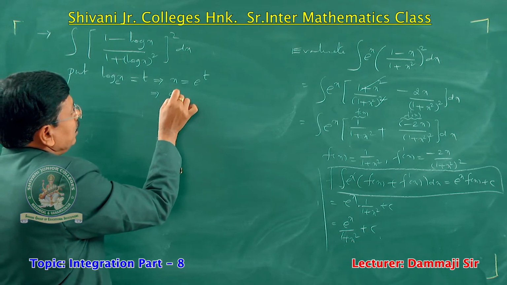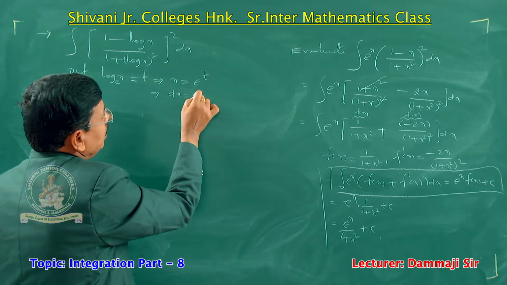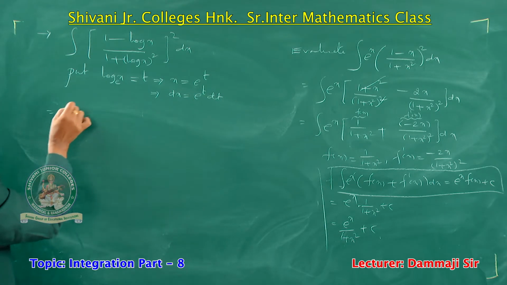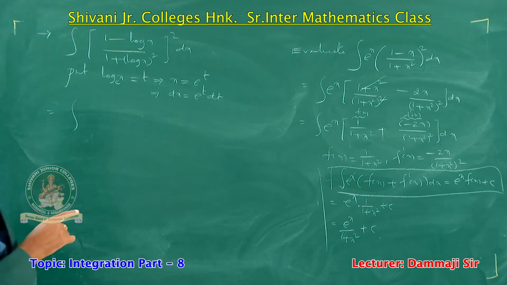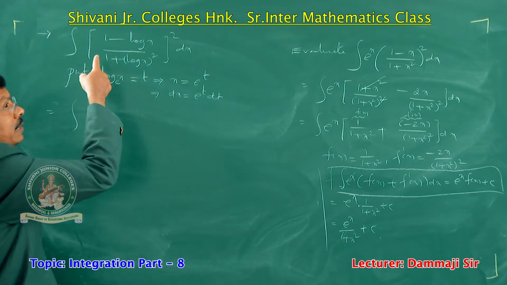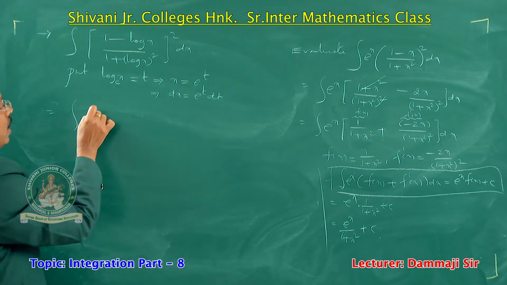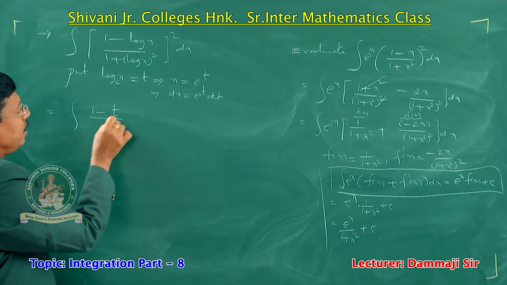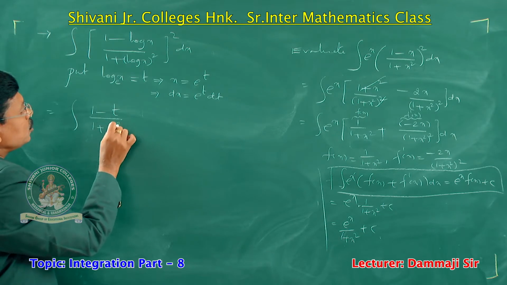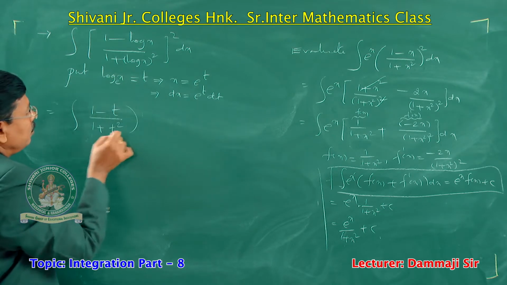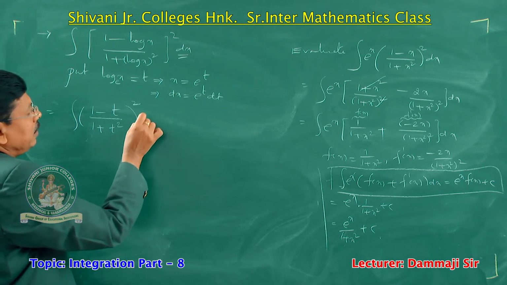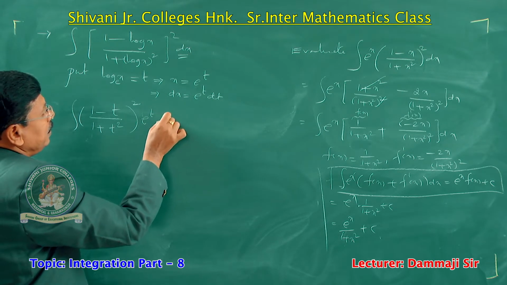The derivative of x, that is dx, is e power t dt. The above integration becomes (1 minus t) by (1 plus t) whole square, with e power t dt in place of dx.